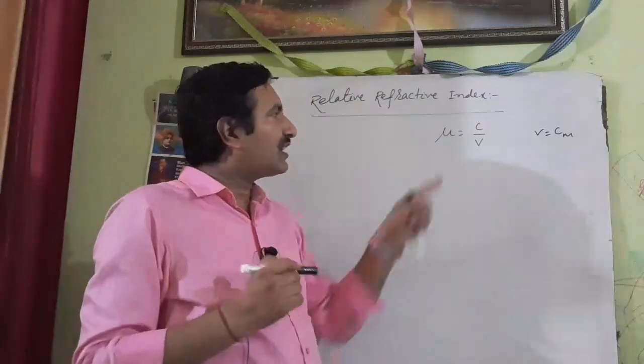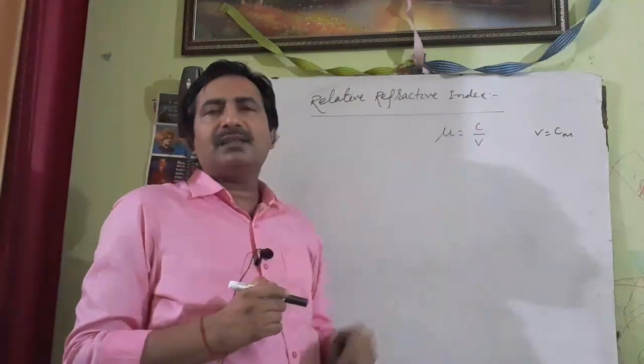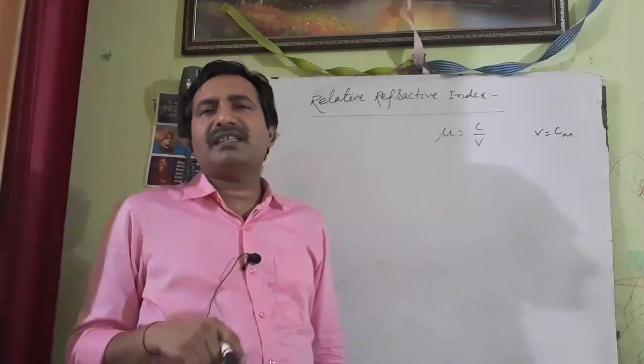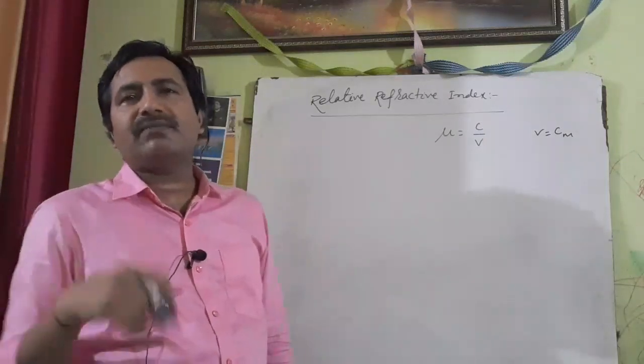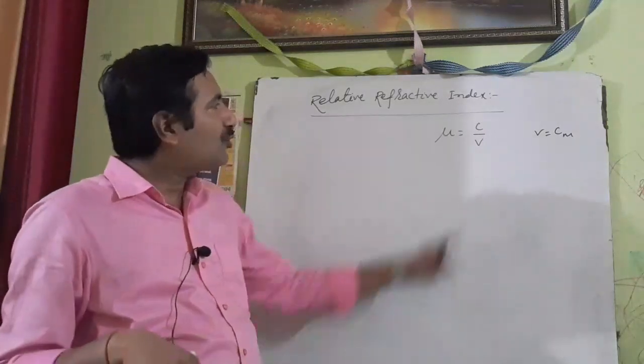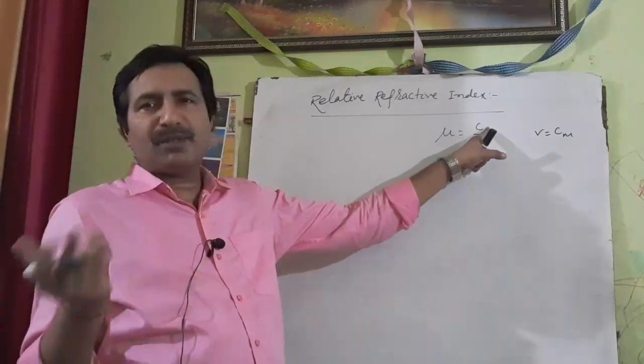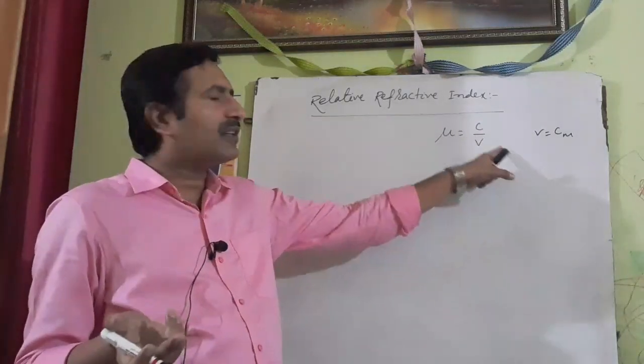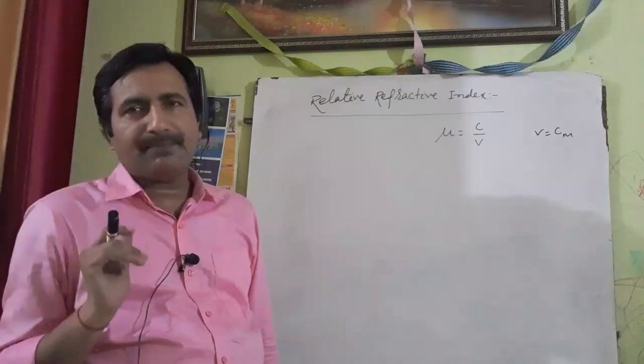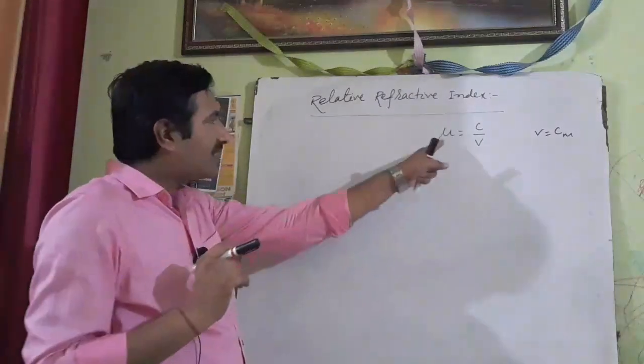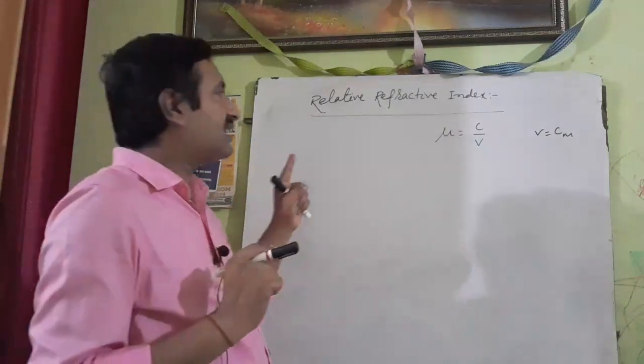And in some books you can see C naught in place of only C to represent the speed of light in vacuum. But here I am using C for speed of light in vacuum and V for speed of light in the medium. So this is the absolute refractive index.